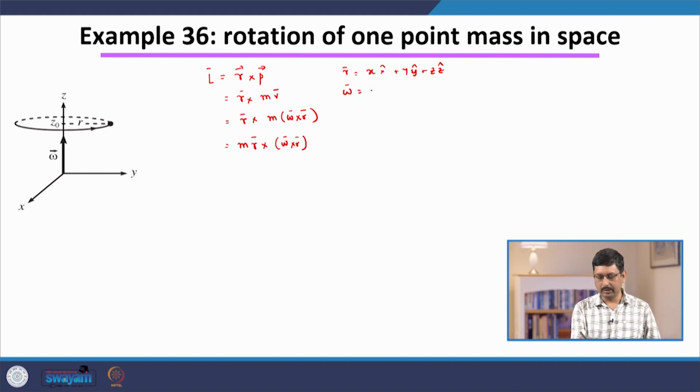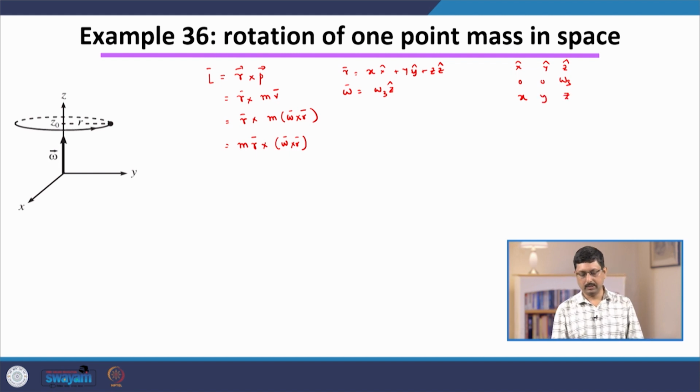Omega, it is given that this is... So, the first cross product is going to be... these are the components of omega and these are the components of r.